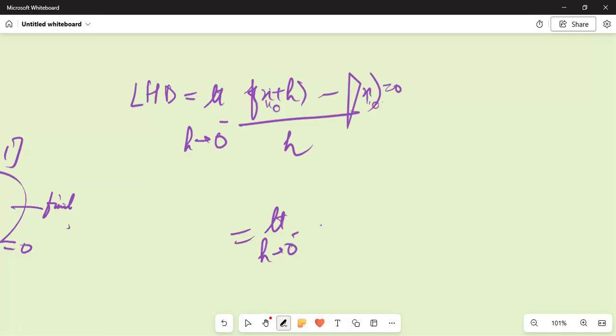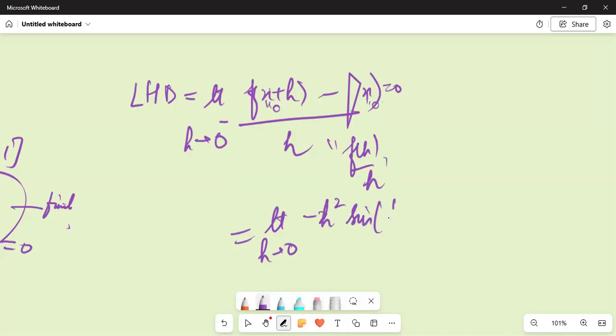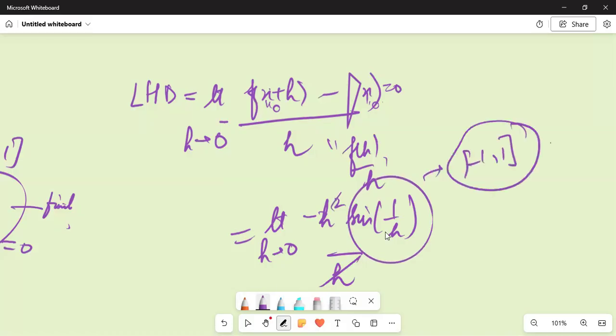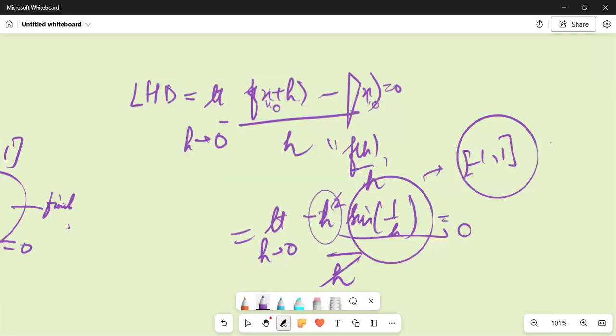For the left-hand side, when h is less than 0, f is taking the value of minus h square sine 1 by h, upon h. This h gets cancelled, and you know that sine is going to be a finite value between -1 and 1. 1 by h will keep oscillating, but since sine always takes a finite value between -1 and 1, and because of this h, it is going to 0. So the left-hand derivative is 0.